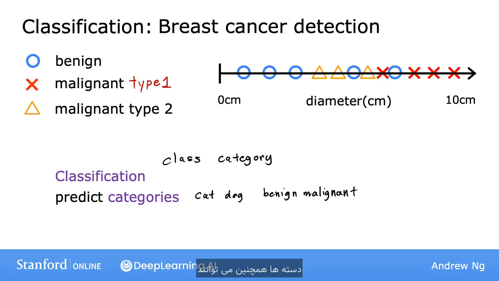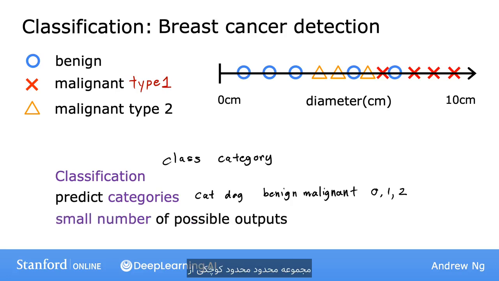Categories can also be numbers like 0 or 1 or 0 or 1 or 2. But what makes classification different from regression when you're interpreting the numbers is that classification predicts a small, finite, limited set of possible output categories, such as 0, 1, and 2, but not all possible numbers in between, like 0.5 or 1.7.